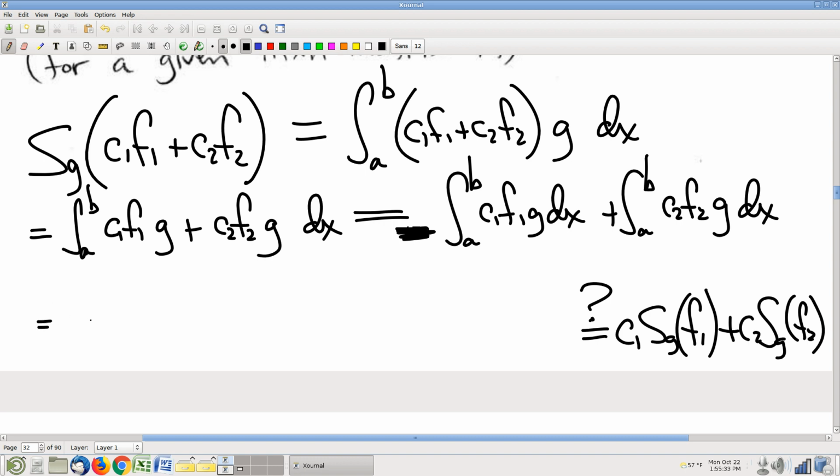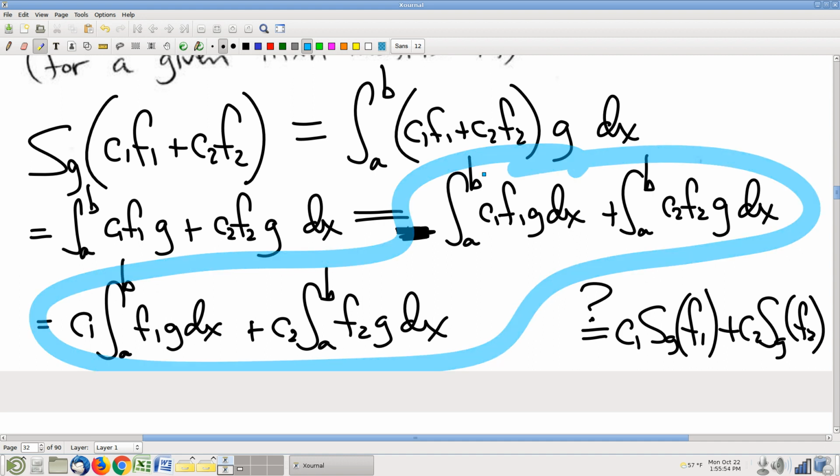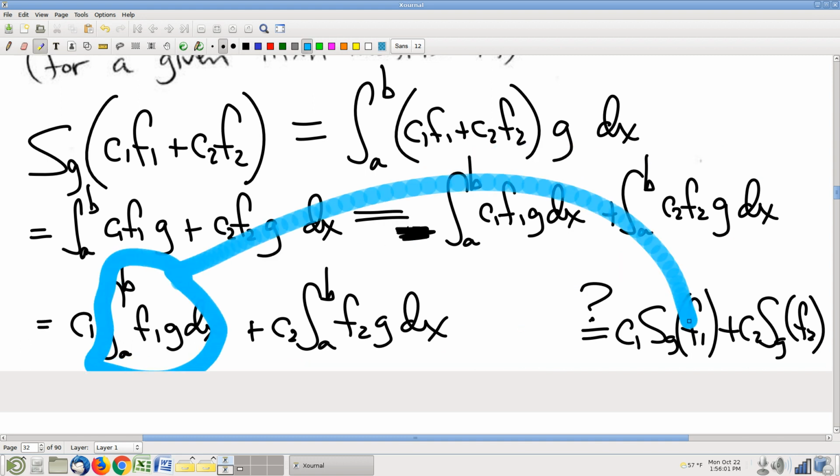So I have C1 integral from a to b of f1g dx plus C2 integral of f2g dx. This, just calculus. Everybody good?